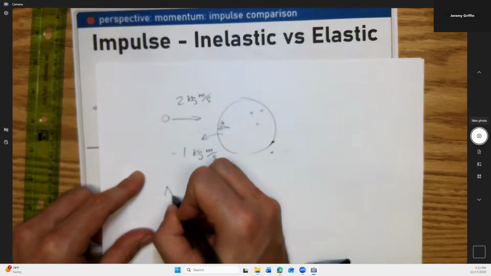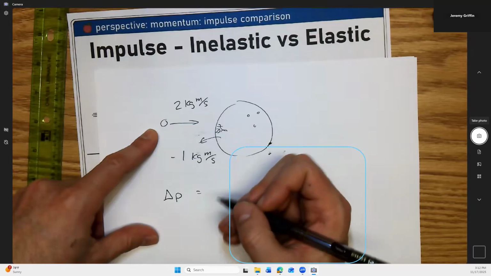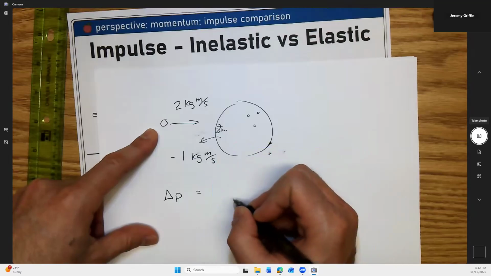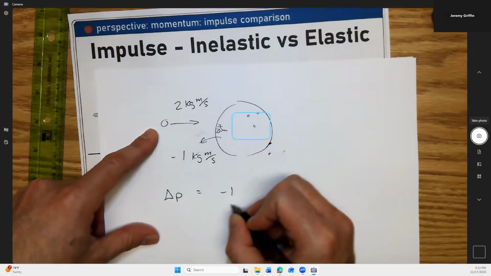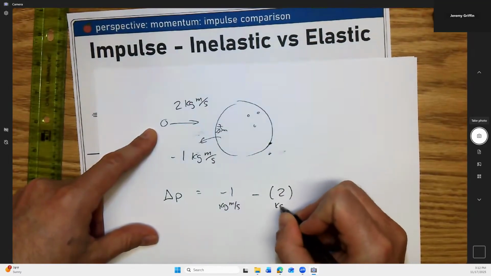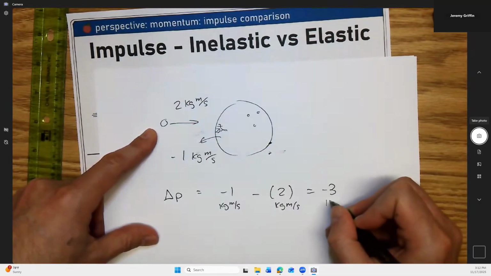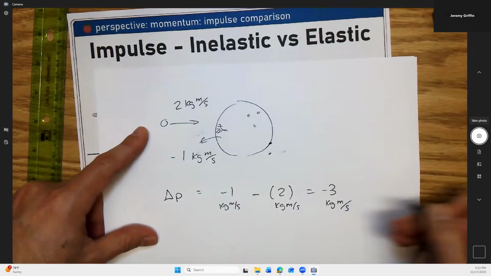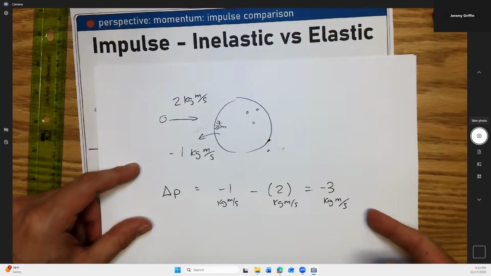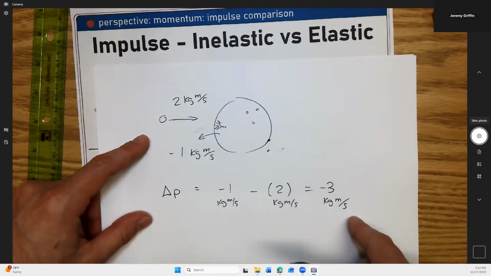So what's the delta p on this bouncy ball? Would it be -1 - 2, which is like -3 kilogram meter per second, right? And that's what's been transferred to the bowling ball, because the impulse on the bouncy ball is the same magnitude as the impulse on the bowling ball, right?